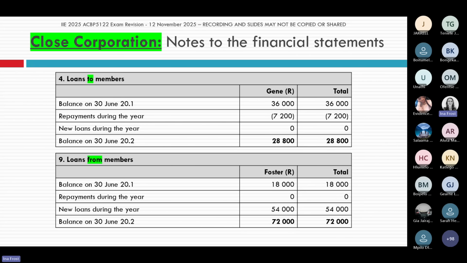And you can look specifically at question 6.5. Question 6.5 is a comprehensive question on the financial statements of a closed corporation. And in this question, together with example 6.4, they deal with the financial statements of a closed corporation.